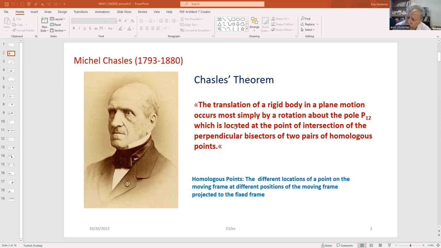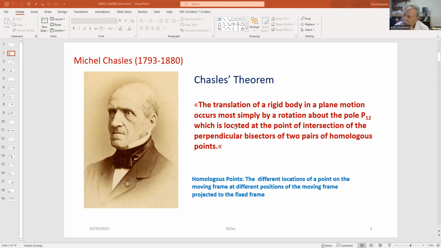Another guy, Mozzi, was the first to state this theorem, which says the translation of a rigid body in plane motion occurs most simply by a rotation about the pole P12, which is located at the point of intersection of the perpendicular bisectors of two pairs of homologous points.